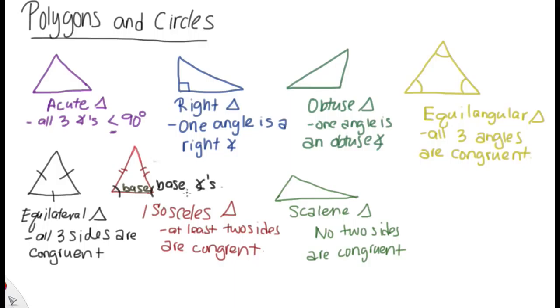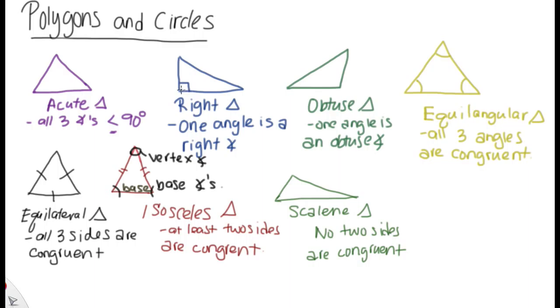The angle between two congruent sides is often called the vertex angle. So here is the angle between two congruent sides. This would be the vertex angle. Looking at a right triangle, the side opposite the right angle is called the hypotenuse.